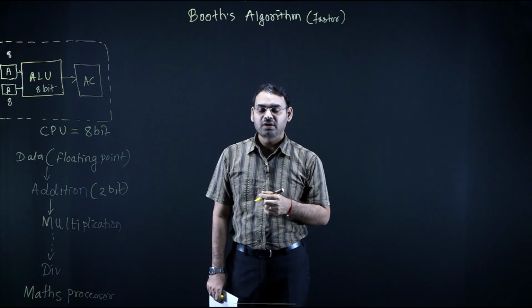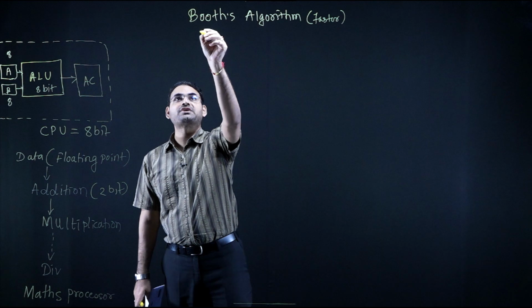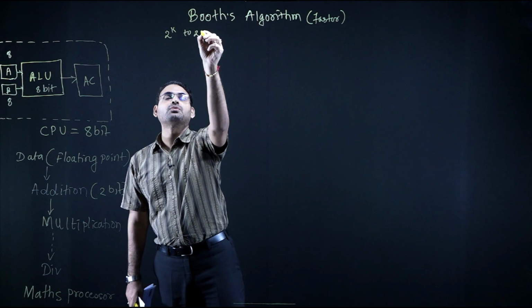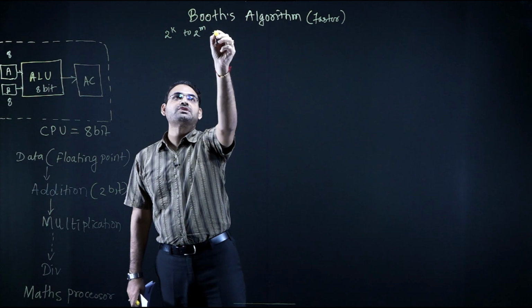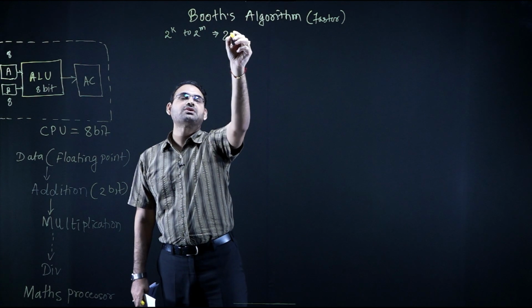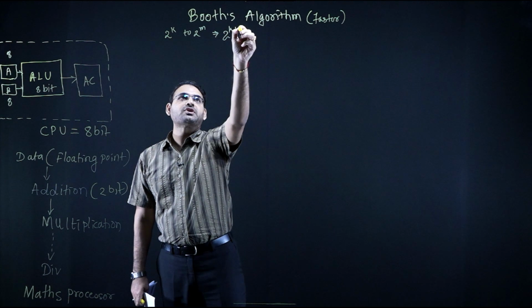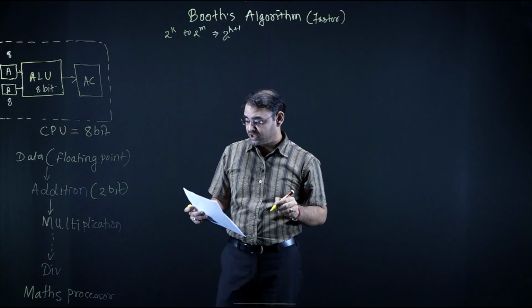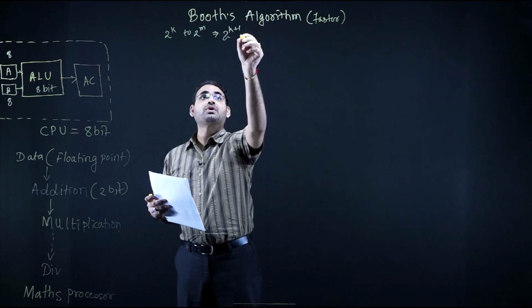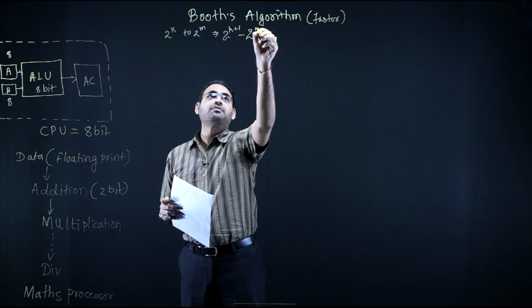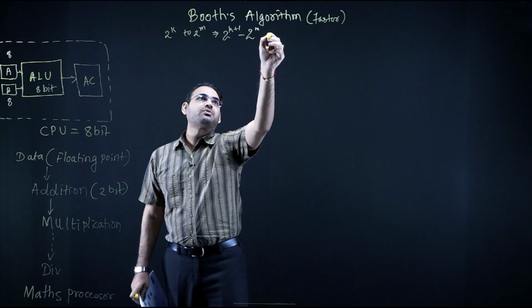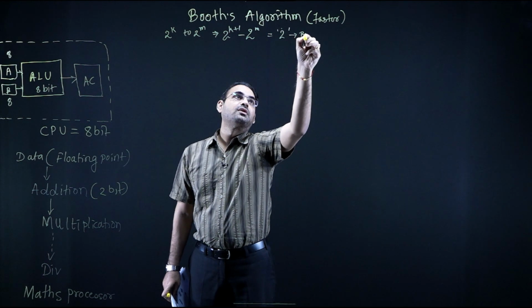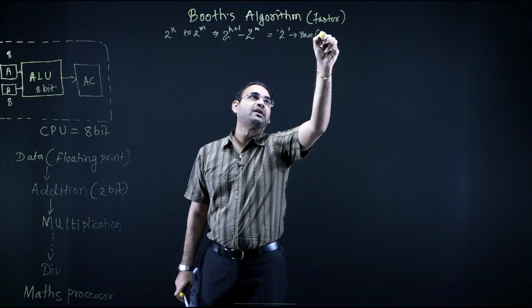The 2's complement of a k-bit number is 2 raised to the power of k plus 1 minus that number, with the base of 2. Why is the base 2 here? Because it tells us this is a binary number.